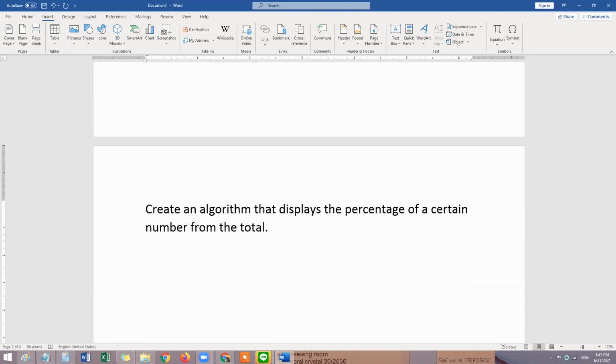For example, the total is 300, and you need to find the percentage of 120. What is the percentage of 120 out of 300?